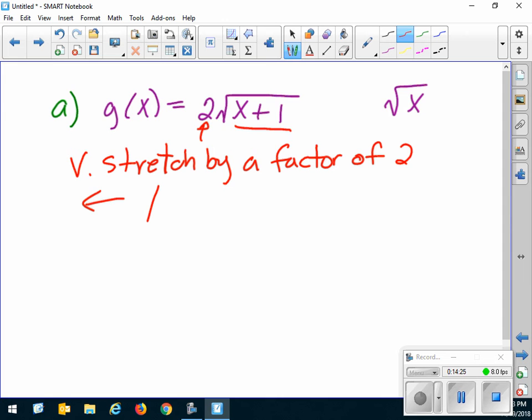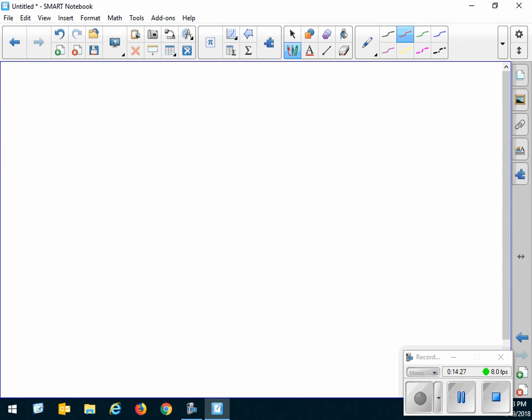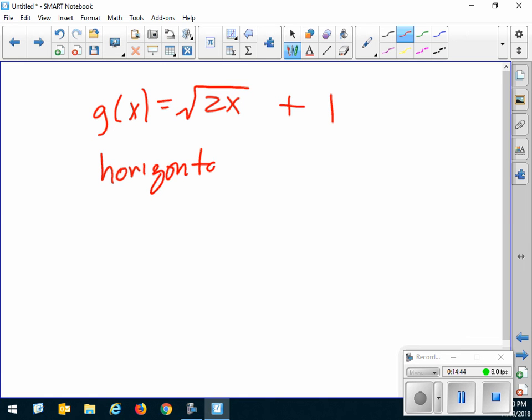Good. Let's go to the B one. G of x equals the square root of 2x and then a plus 1. Okay, horizontal. This sucker does something horizontal. It's exactly the same thing you've been doing.